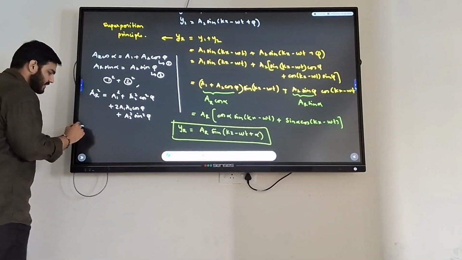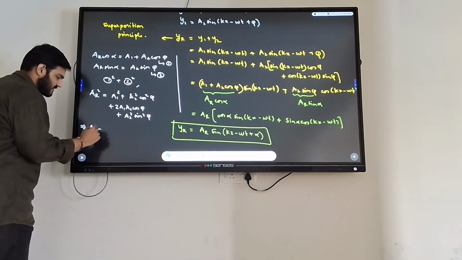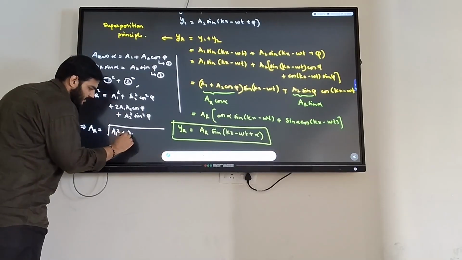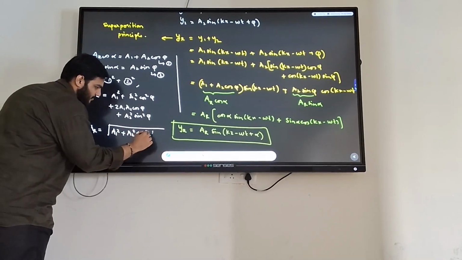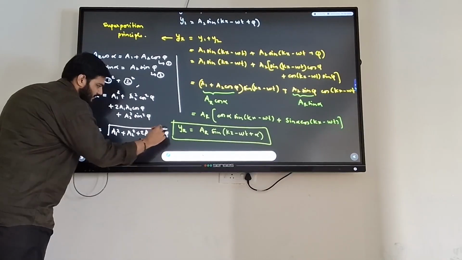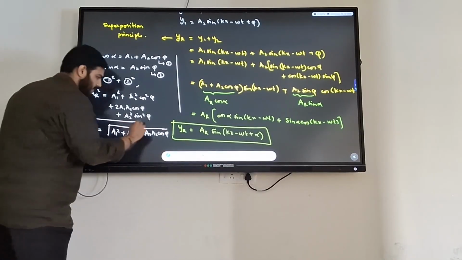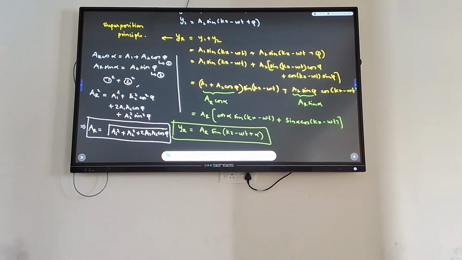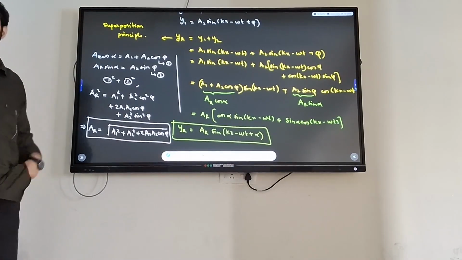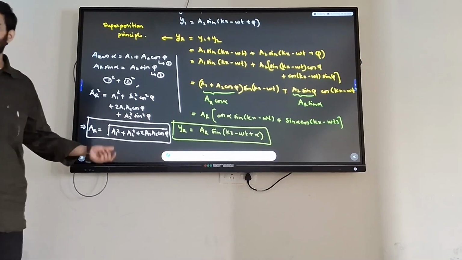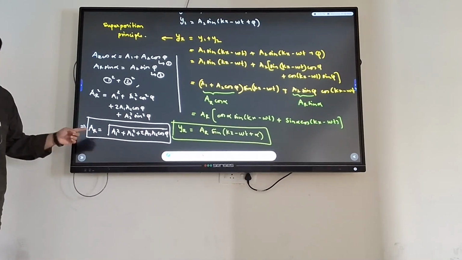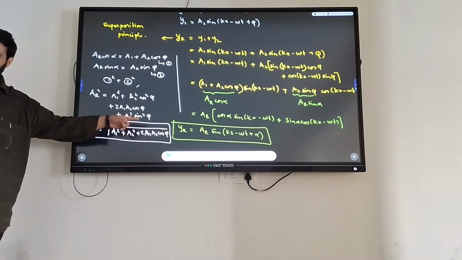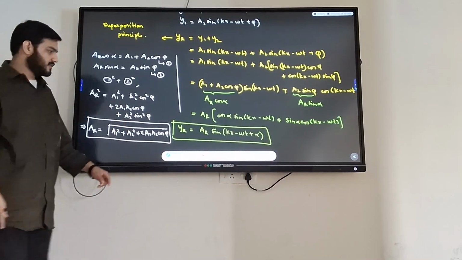Then you get AR as the square root of A1 square plus A2 square plus 2 A1 A2 cos φ. Have you seen this result somewhere? Parallelogram result. This is the parallelogram law of two vectors, A1 vector and A2 vector, and the resultant amplitude is given like this. What is that φ? That's the angle between the A1 and A2 vectors.